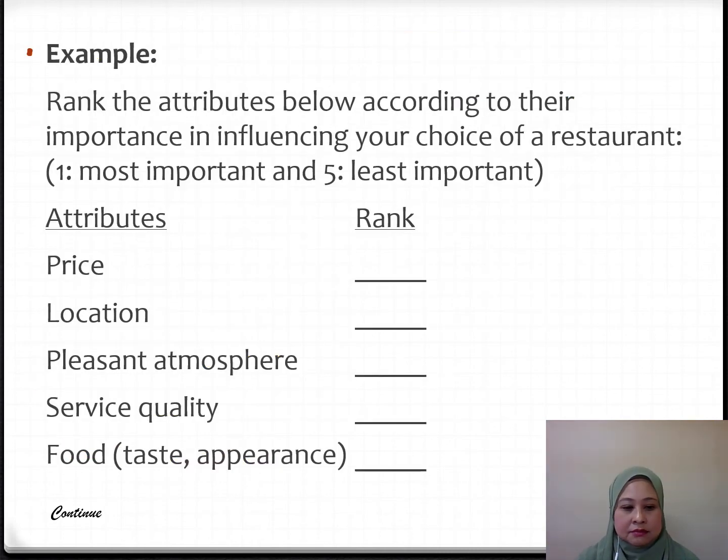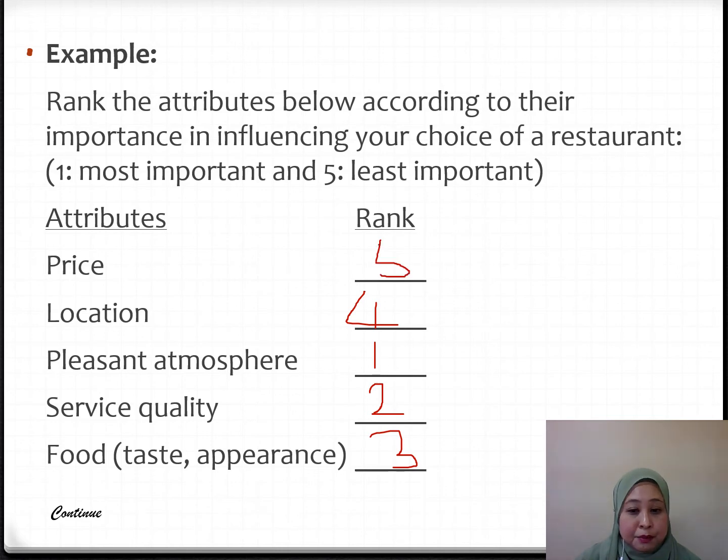For example, here, right? You want your respondents to rank their feeling about how important each dimension is to them when they dine in a restaurant. For me, for example, I will always go by the pleasant atmosphere, and then the service quality, the food taste, location, and price.